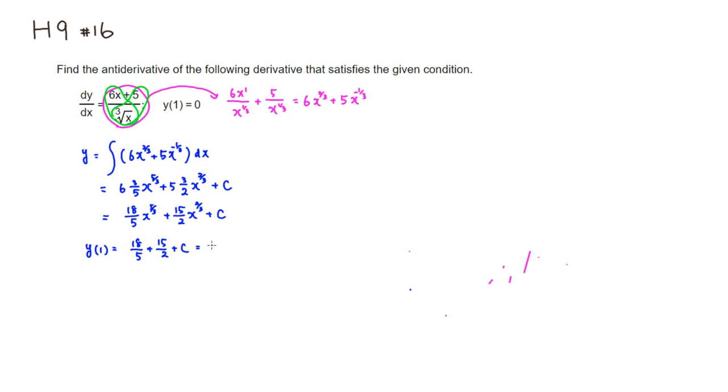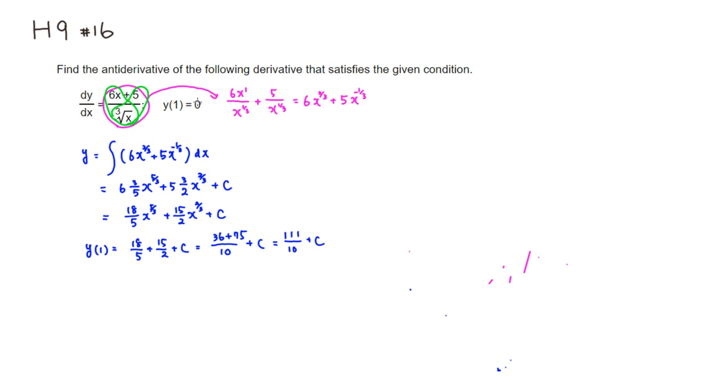Taking a common denominator of 10, we multiply 18 by 2, so it's 36, and multiply 15 by 5, so it's 75. So 36 plus 75 is 111, giving 111 over 10 plus c.